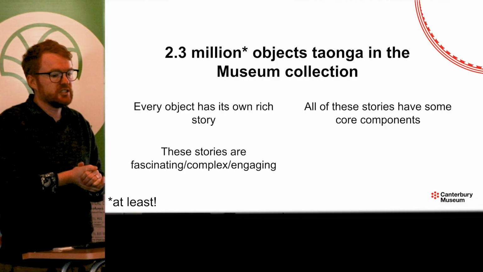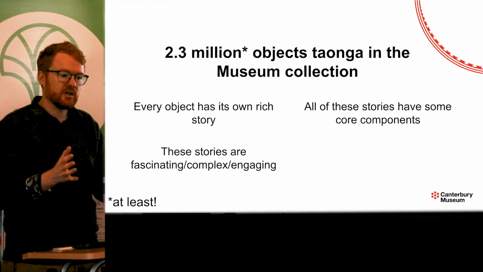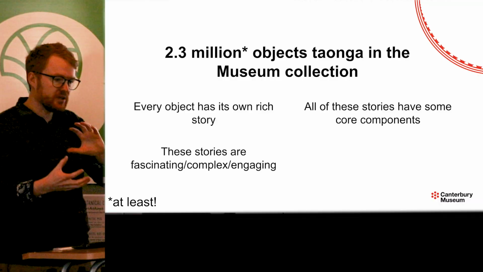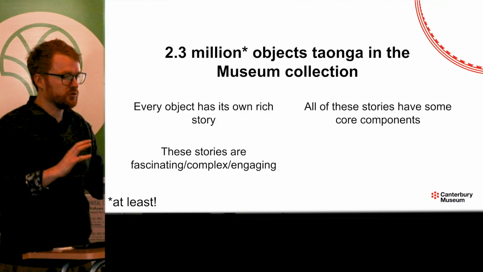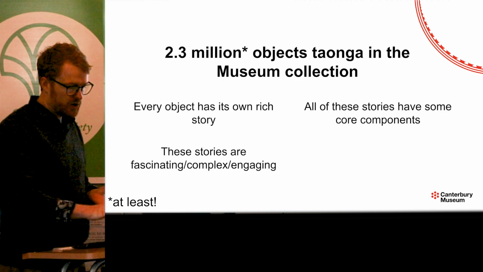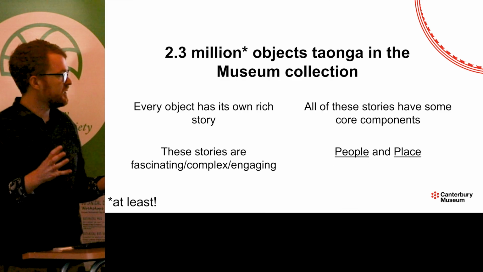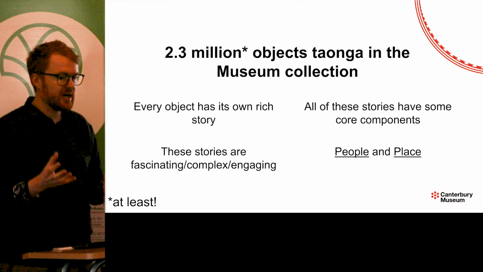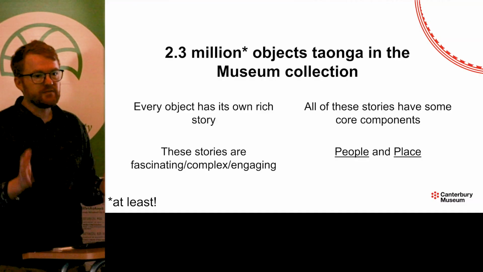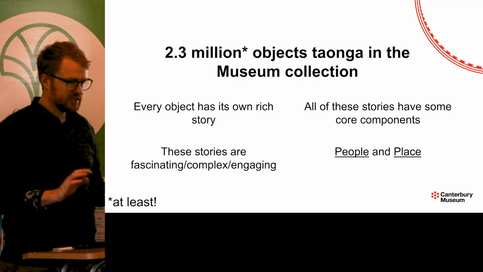All of these collections and taonga have important stories of their own, and often we look at them in isolation, but they're actually involved in a web of complex interactions and connections when you start to look into them. Two of the core components of these collections are the people and the places associated with them. So when you look at collections and all the information and metadata associated with them, we can tease out these collections.